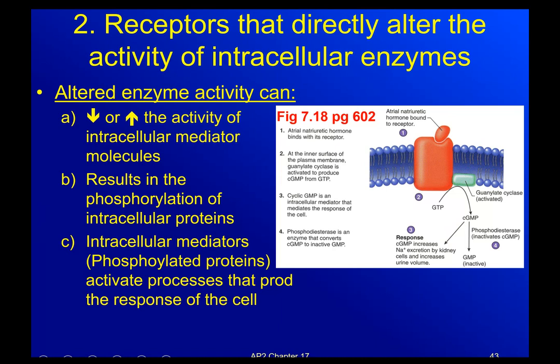So increase or decrease in the activity of intracellular mediator molecules is one way that this can work. It can result in phosphorylating intracellular proteins. It can work as activating processes that produce the response of the cell. But either way, this is a direct link. There are no minions involved here.